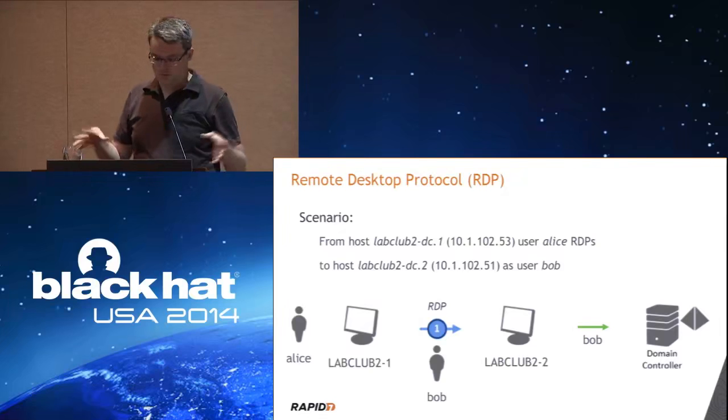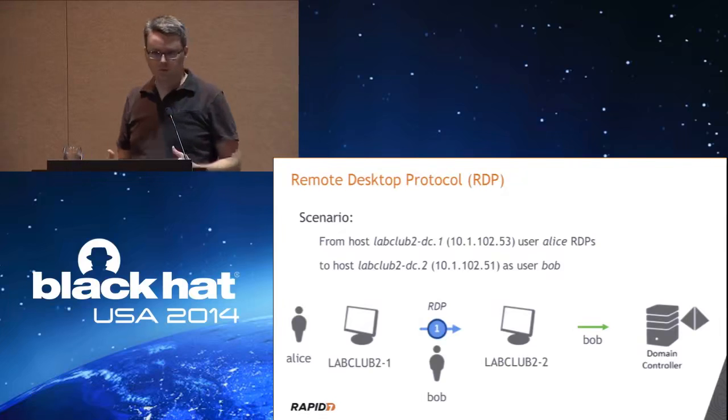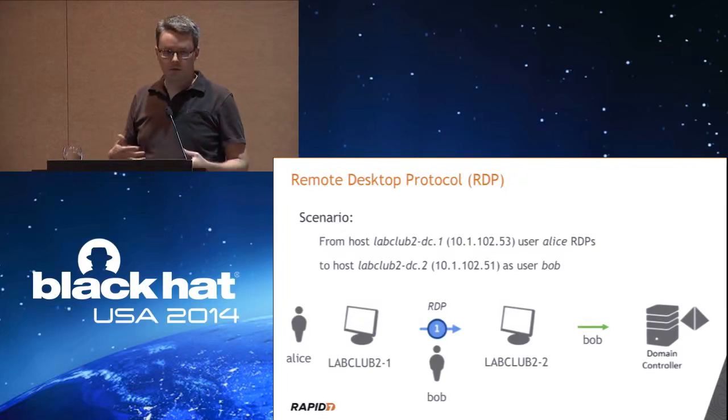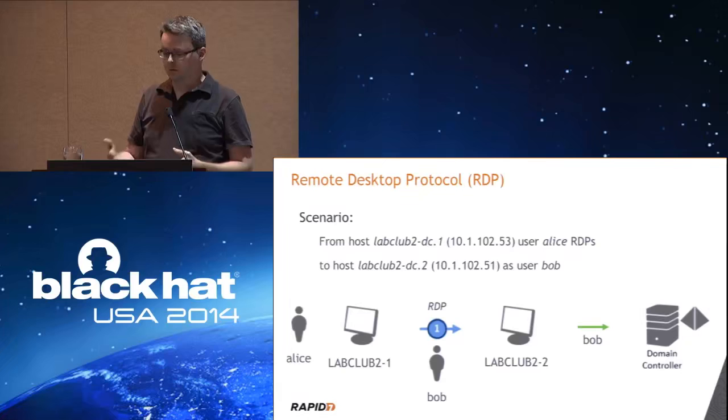For the rest of the main body of the talk, I'm going to be talking through a few different types of authentication scenarios and the types of information that are logged in the various sources, whether we're talking about the domain controller, the source system, or the target system.